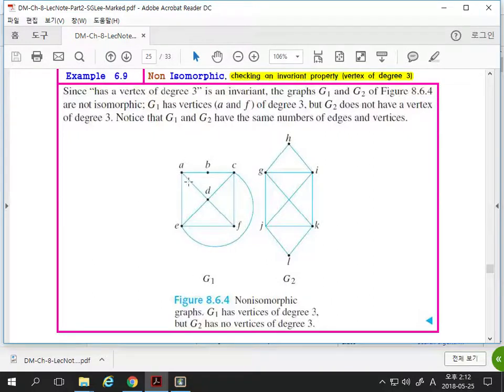Every vertex has a degree of what? 3, 3, 3. 1, 2, 3, 1, 2, 3, 4. Here, it has a vertex which has degree 4. But in here, no degree of 4. No, this one has 4.